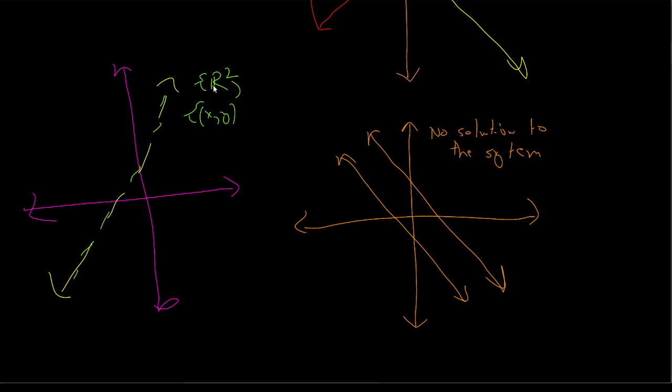So what we want to do is get some notation so that we can generalize this idea of a system of equations and see what we can abstract out of it.